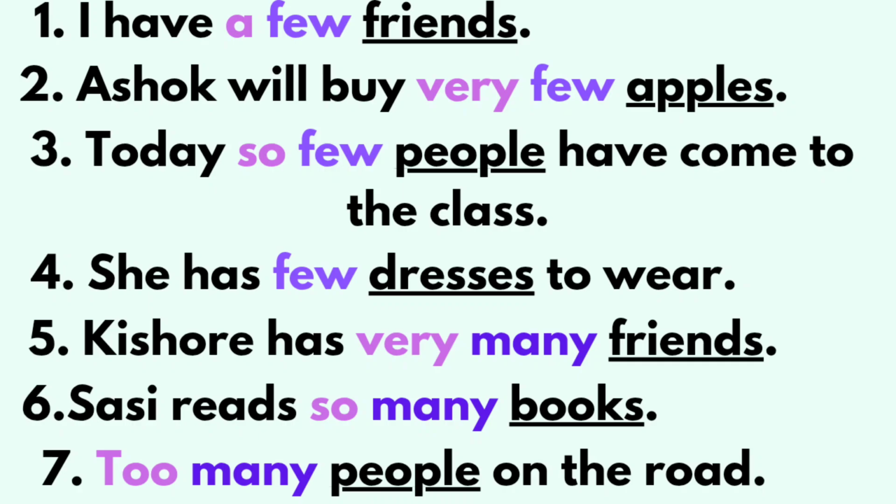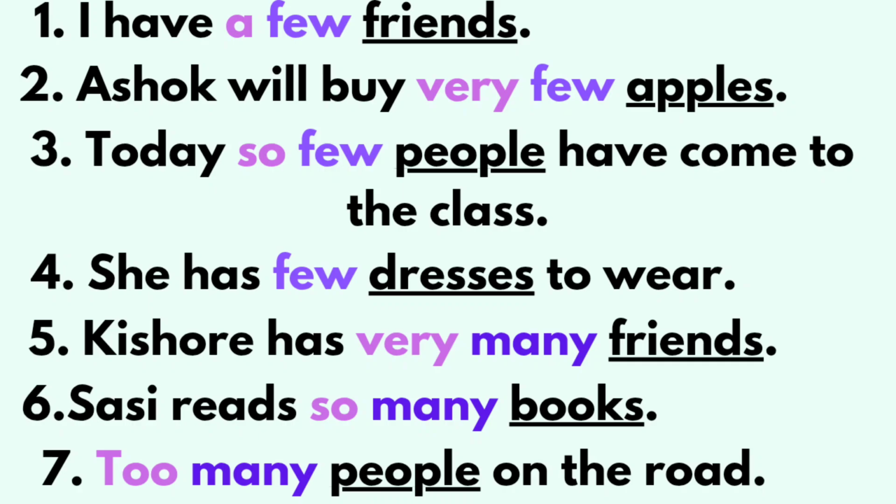So few people means negative. Very few people means again negative. So by using intensifiers like very, so, too before few and little, you are making quantifiers weaker or stronger. That is the purpose of using very, so, too.